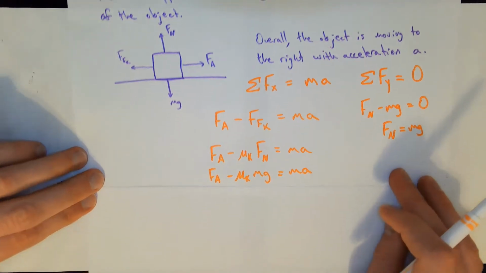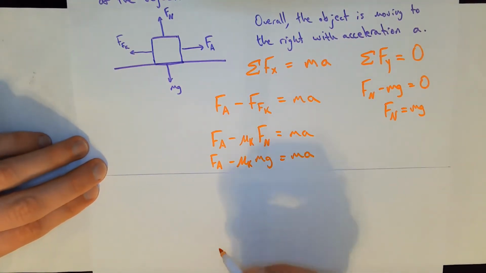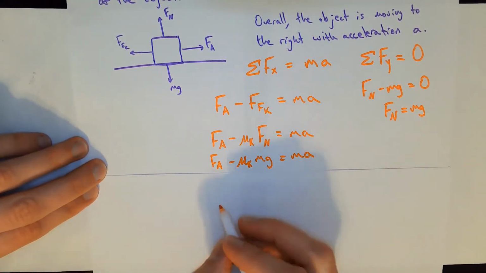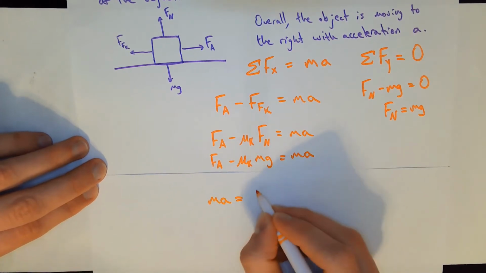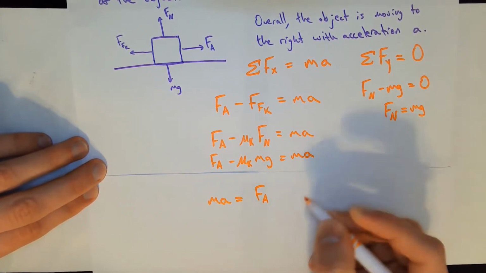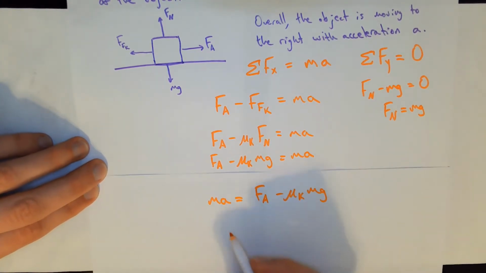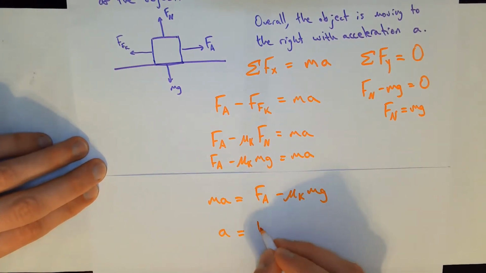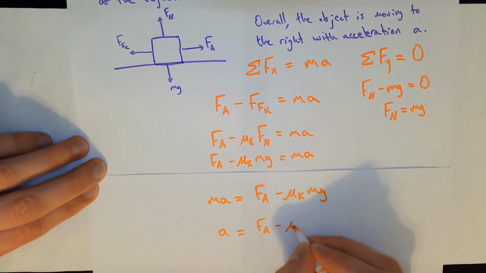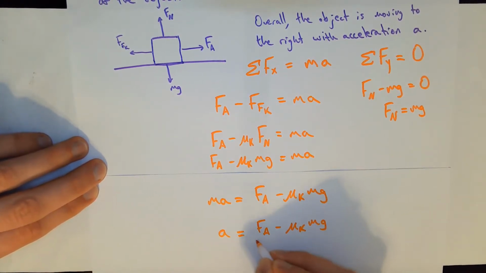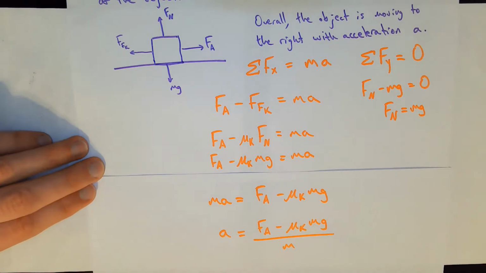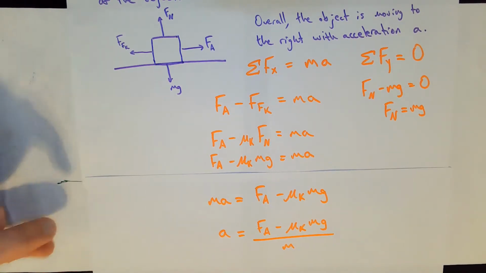And now I can go ahead and solve for a. I'm going to flip this equation around, just to have that ma on the left side: ma equals F_A minus mu sub k mg. I can solve for a without plugging anything in yet, just by dividing the entire thing by m. And now I'm ready to plug in all my numbers.